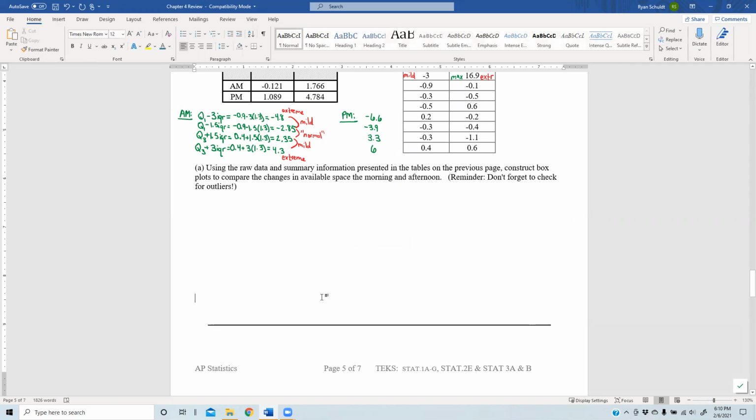Okay. Now, I'm going to mark these in intervals of 5. So I'm going to count by 5s here. I'm going to do my first mark at -5.